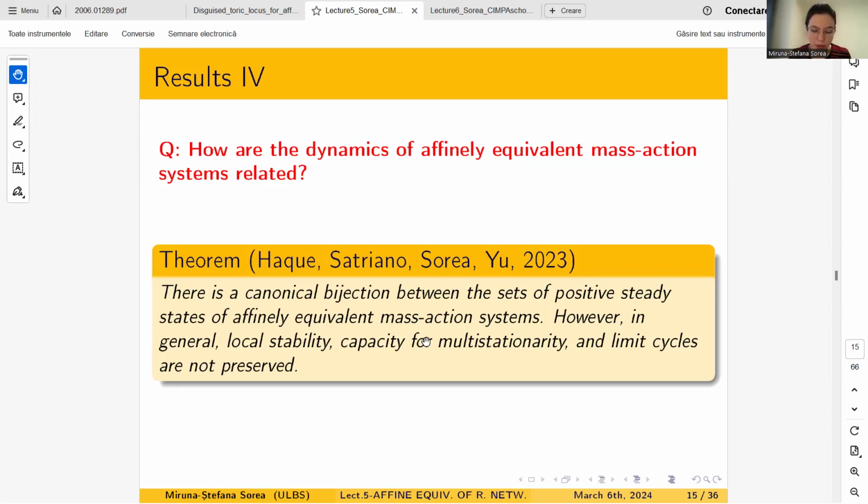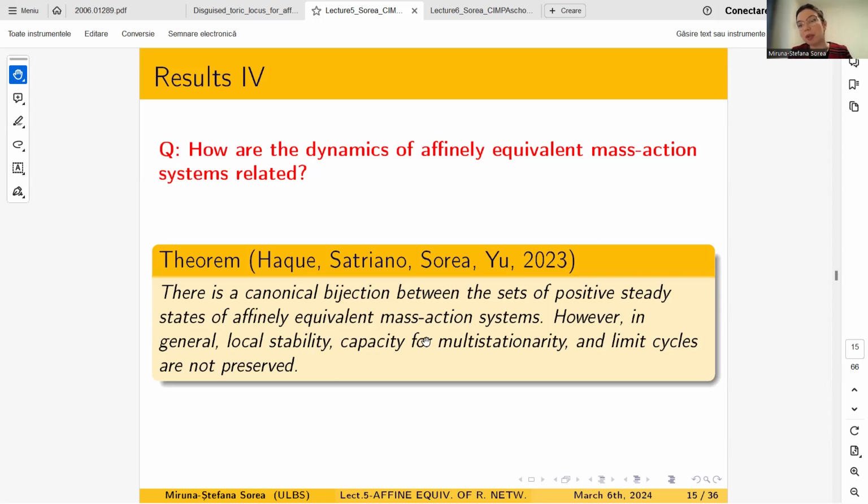We will also see with examples that this does not imply in general that the properties of those steady states are preserved, such as local stability. Moreover, since you saw today a previous lecture about multistationarity, and I also mentioned last time, neither is the capacity for multistationarity preserved, and I'll show an example soon.